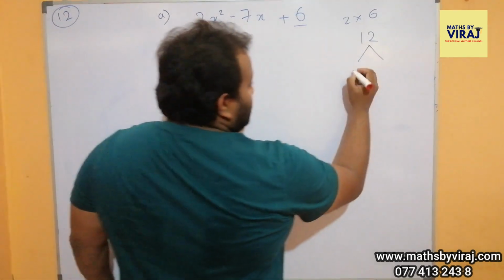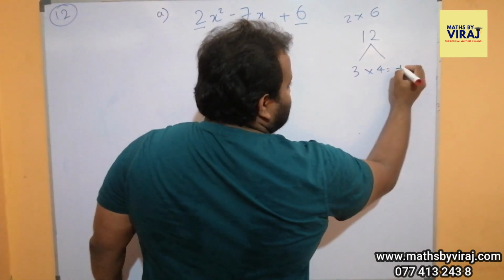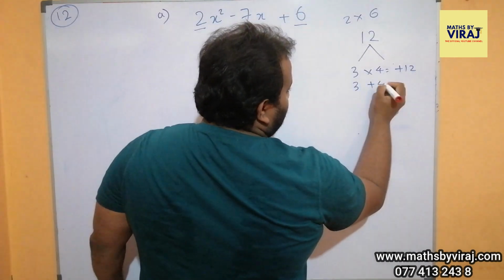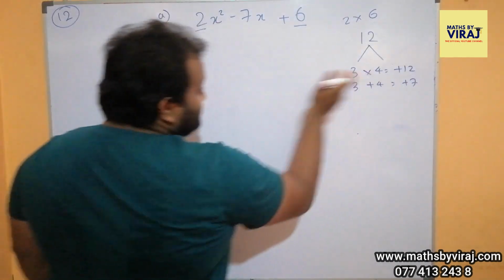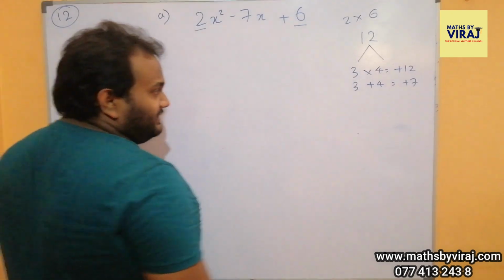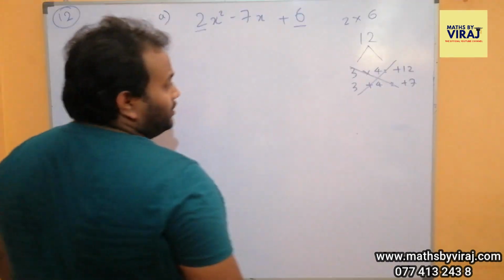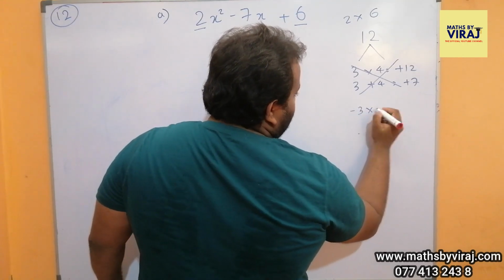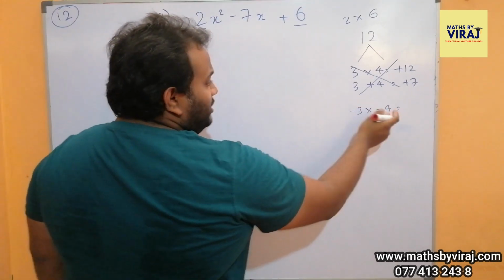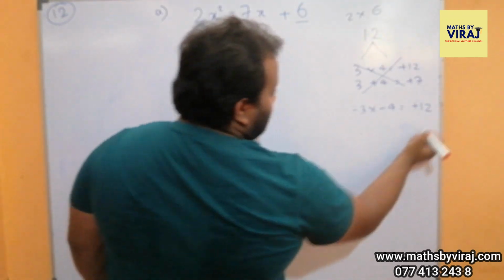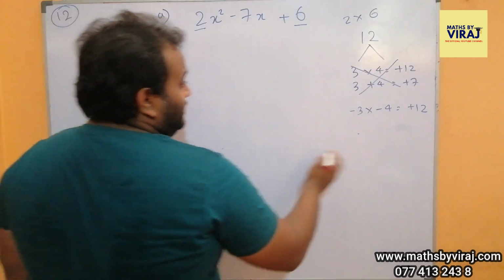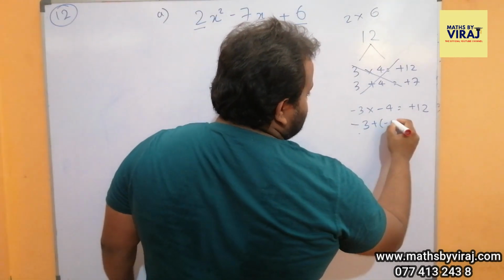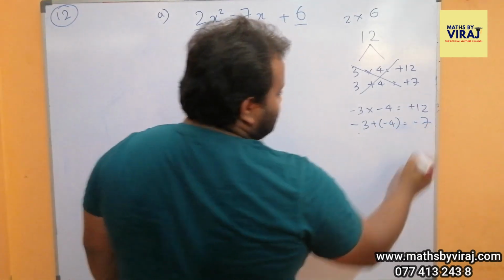For instance, 3 times 4 is plus 12, but 3 plus 4 is plus 7. In this case, we need it to be minus 7. Therefore, this is wrong. Let's try minus 3 times minus 4. Minus 3 times minus 4 is plus 12, and minus 3 plus minus 4 is minus 7.